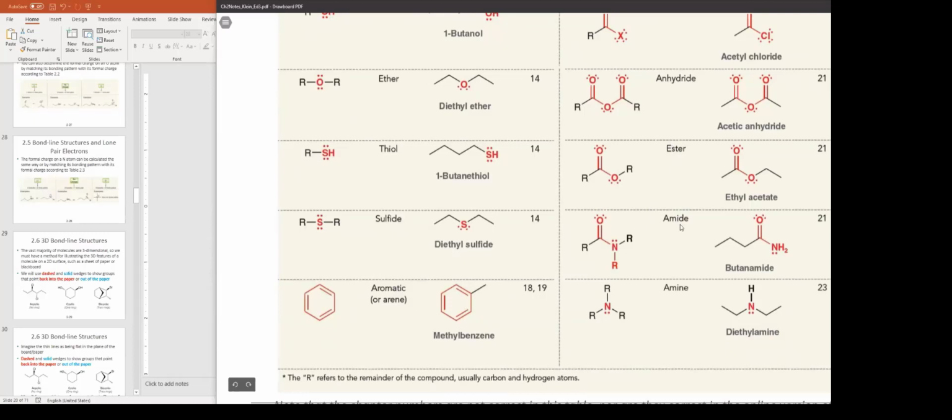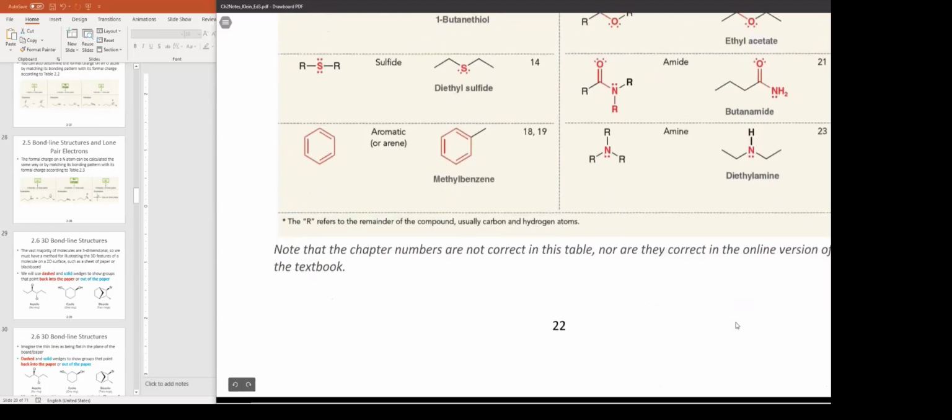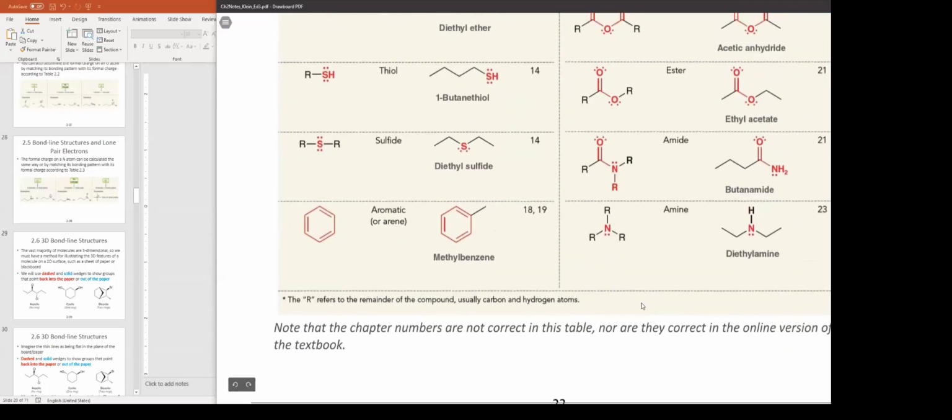Esters, amides, and amines. An amine is whenever you have a nitrogen bonded to 1, 2, or 3 carbons. So, for example, this is an amine also, called methylamine.